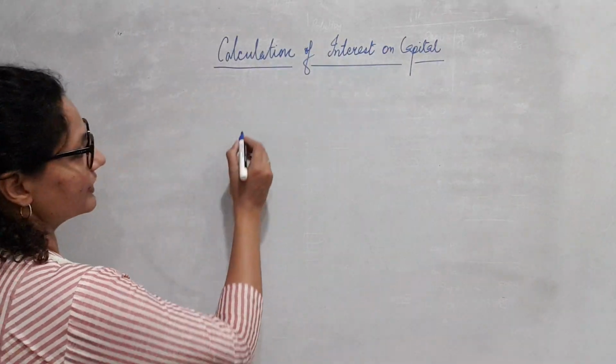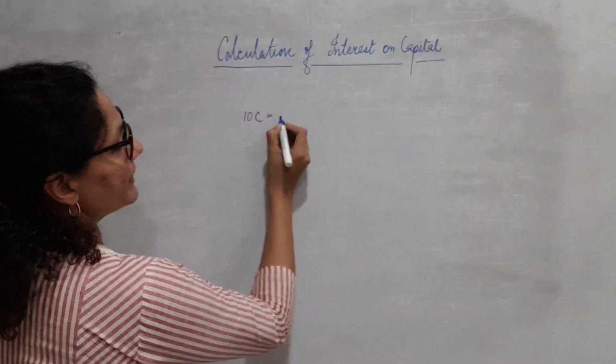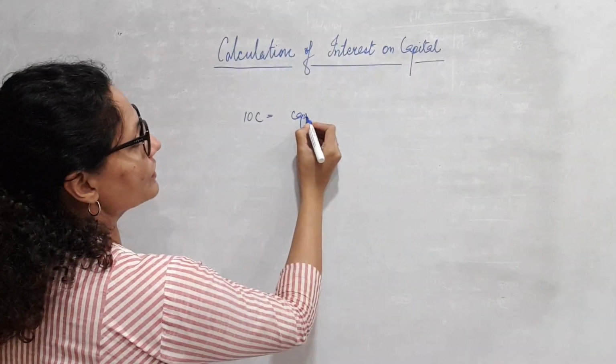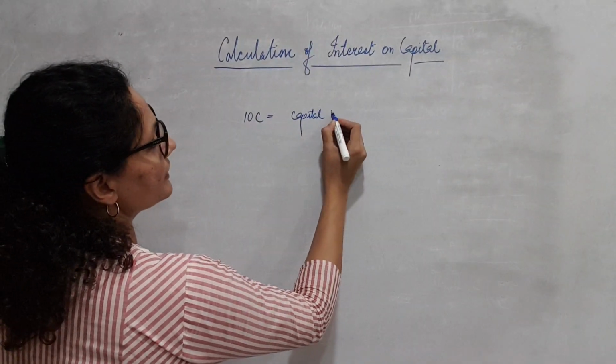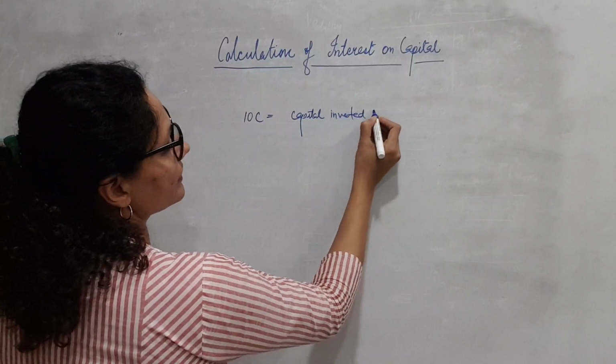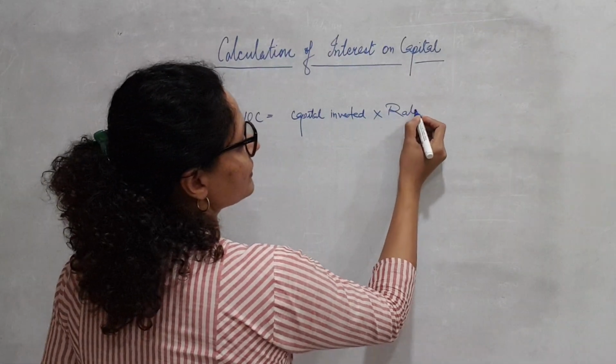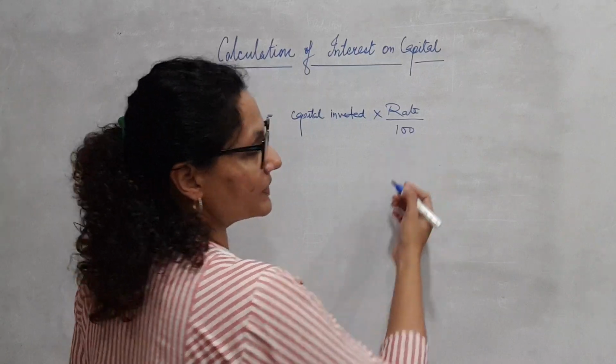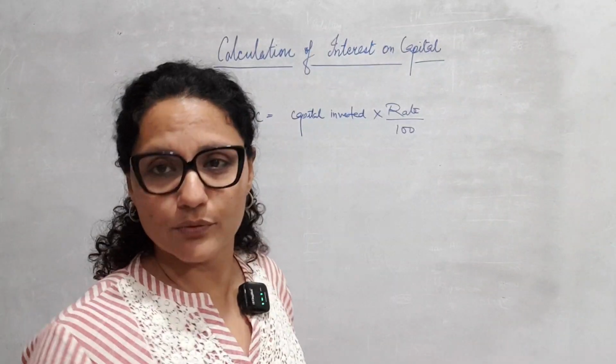So interest on capital is basically the amount of capital invested into the rate as a percentage, of course, 5%, 10%, whatever is given there.